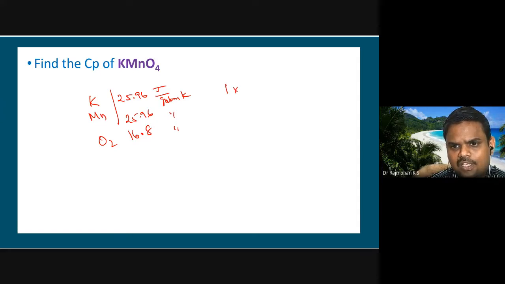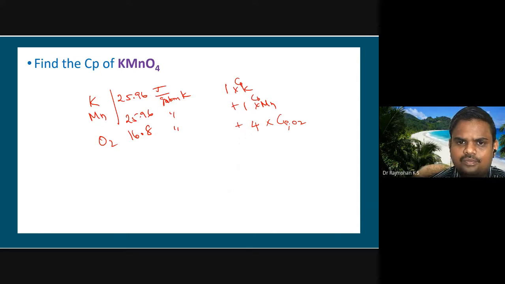There is 1 K plus 1 Mn, plus there are 4 oxygen atoms, 4 times Cp of oxygen. Is it O2 or O? What is given is O, so 4 times Cp of element oxygen.